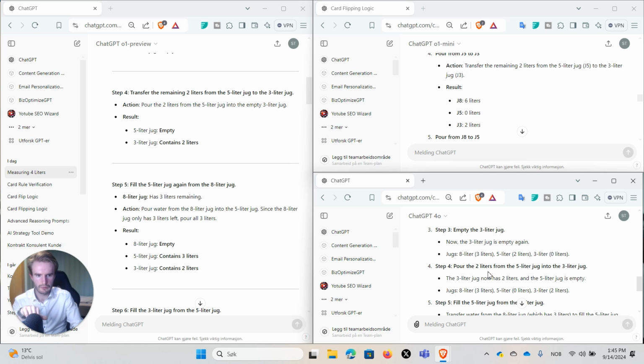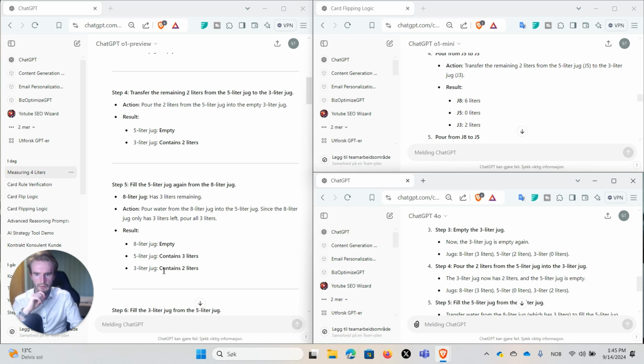Okay, 2 liters from the 5 liters, the remaining 2 liters from the 5 liters into the 3-liter jug. These two still agree on this, and here it's from J5 to J3. Transfer the remaining 2 liters from the 5-liter jug to the 3-liter jug.